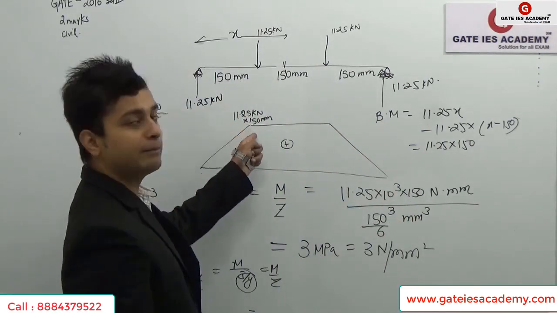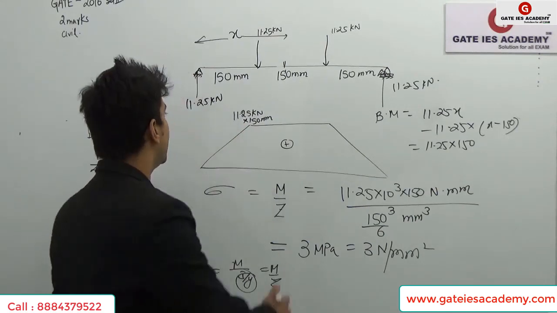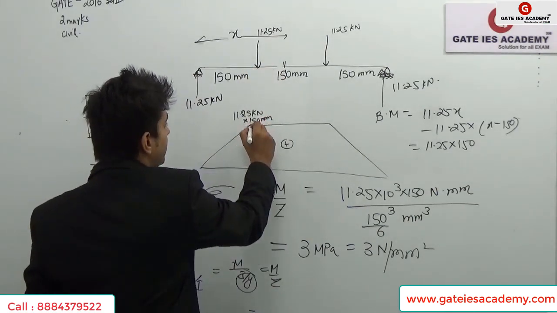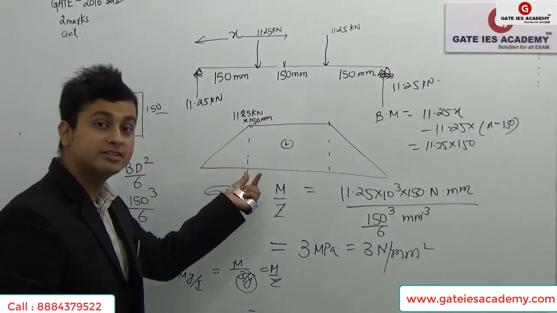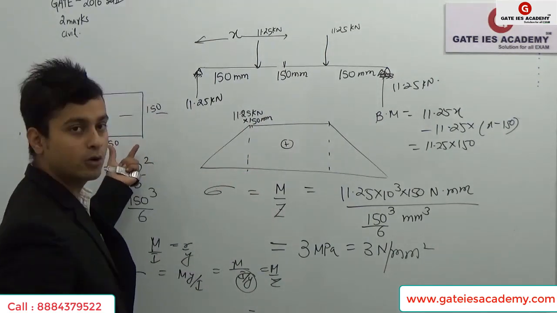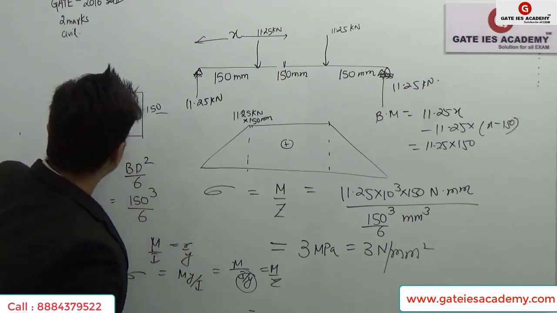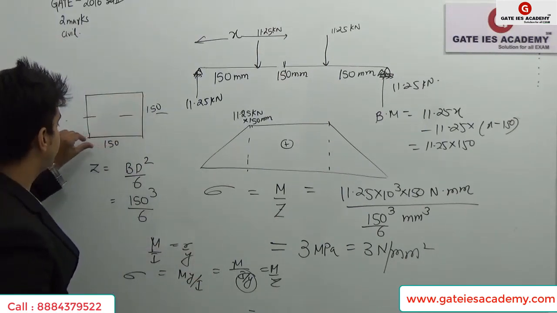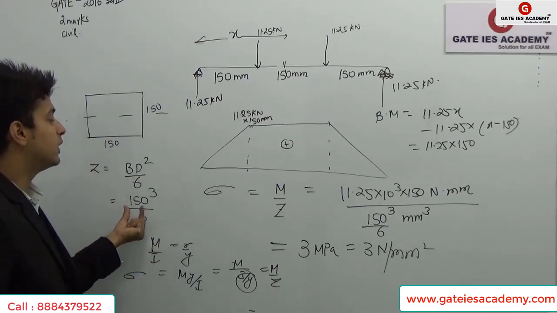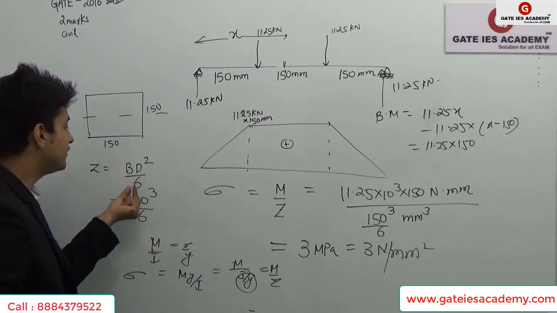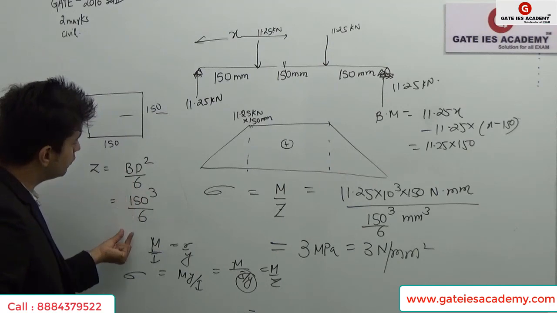So this is the maximum bending moment that can be generated. So at this 1/3 span, I am going to calculate; the cross-section is taken at the 1/3 span. Cutting the cross-section, seeing the dimensions 150 cross 150, I can calculate the Z value, that is BD square by 6. B is also 150, D is also 150, this will be 150 cube by 6.